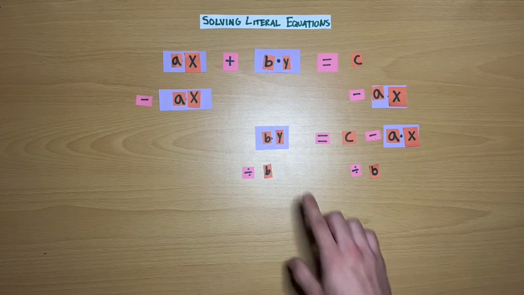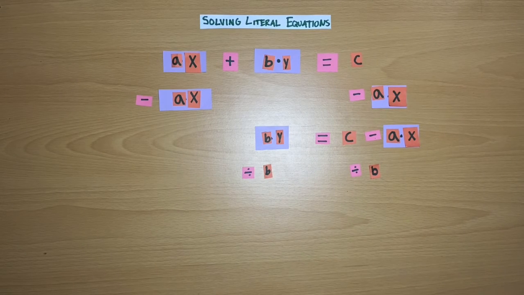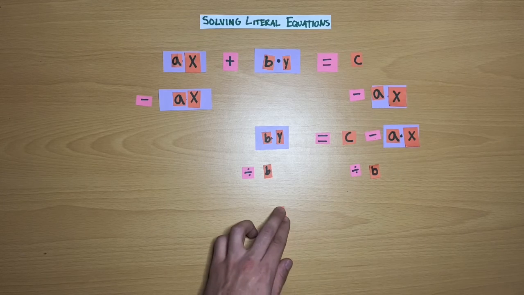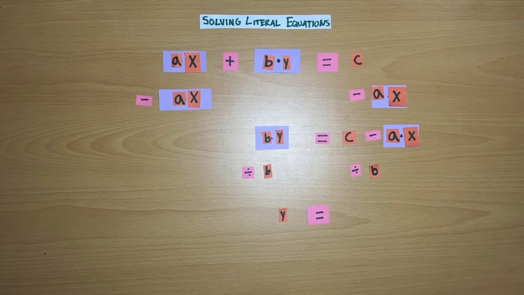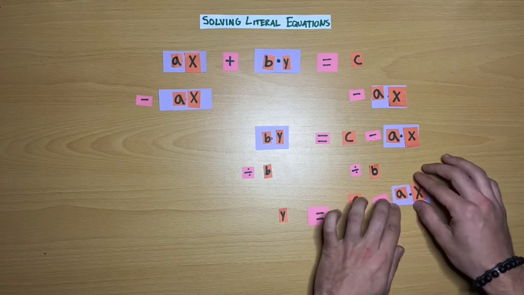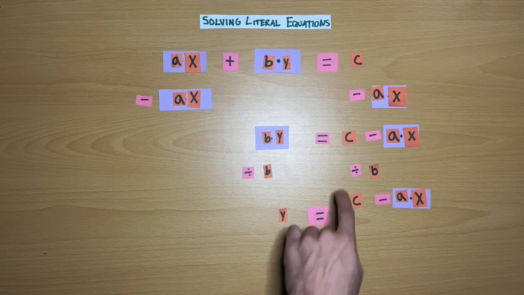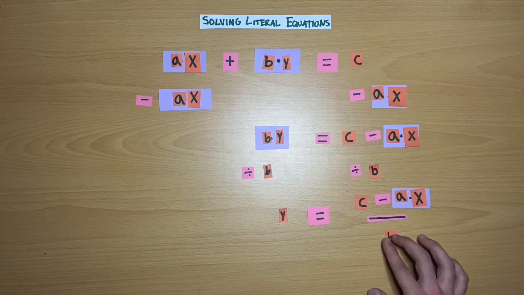And we'll see that in action. So once we divide this b off, b divided by b is 1. So 1y is just y. And on the other side, we still have this c minus ax up top. But all that is being divided by b.